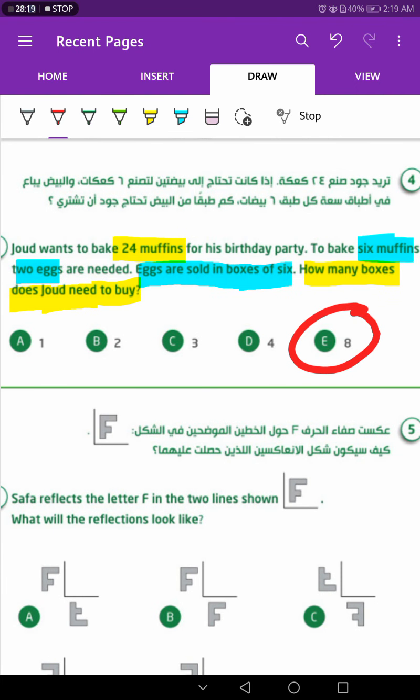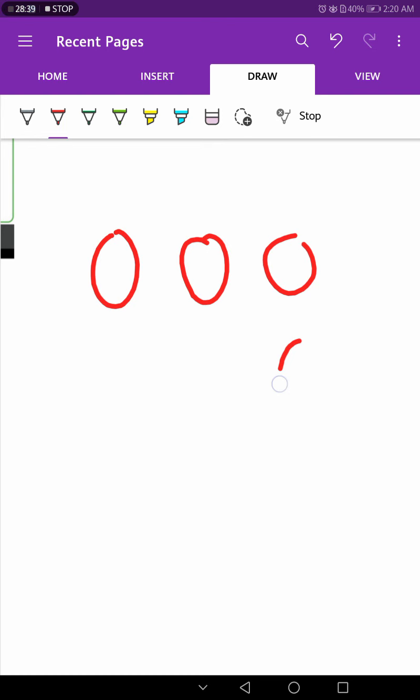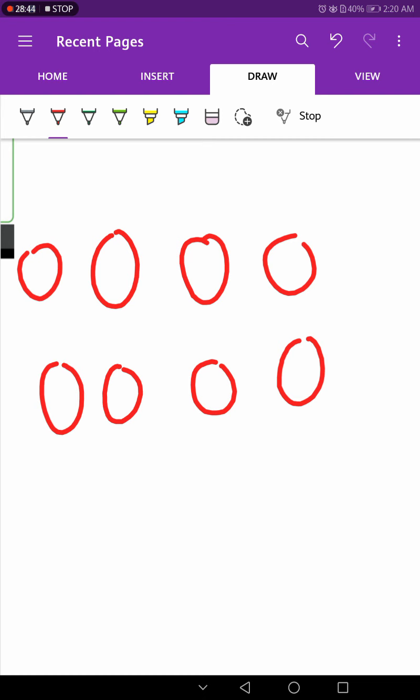No, why is it not correct? Because he asked about how many boxes. Okay, how do I know how many boxes? Yes, he told you, okay, the box holds 6 eggs. Okay, I have 1, 2, 3, 4, 5, 6, 7, 8 eggs.